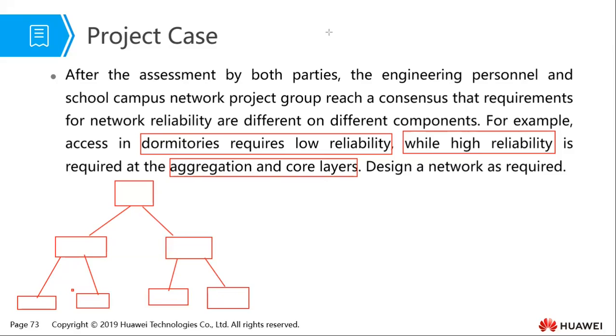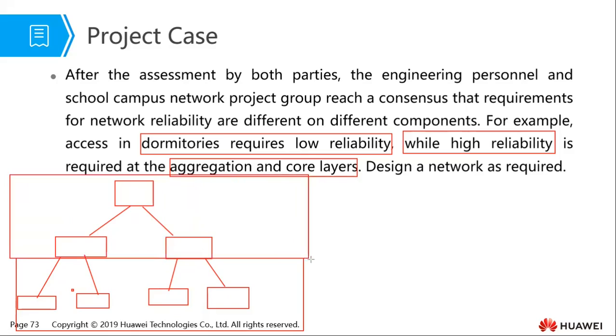The answer is no. We really do not require it, because they have said low reliability. We really don't require to implement any kind of redundancy at that area. But for aggregation and the core layer, we need to implement redundancy.